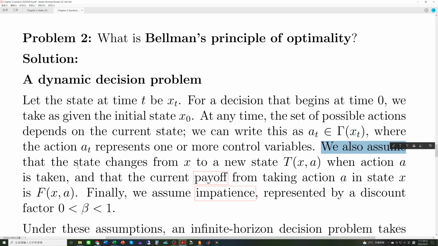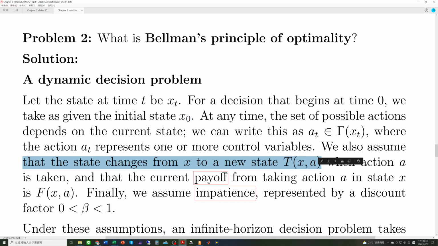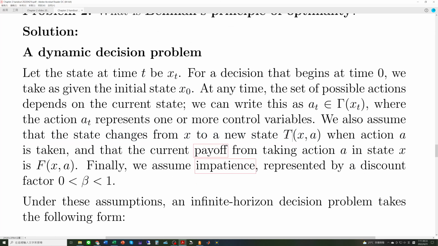We also assume that the state changes from x to a new state T(x, a), where T means the transition. Okay, it means a transition from an old state x to a new state under action a, when action a is taken, and that the current payoff.